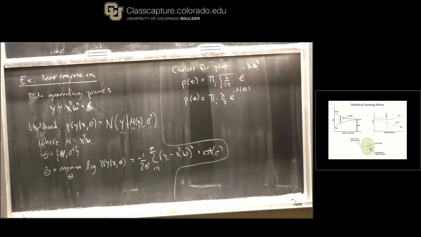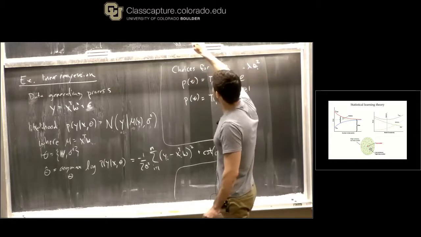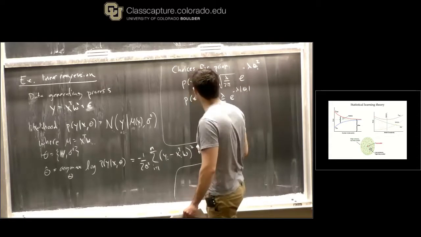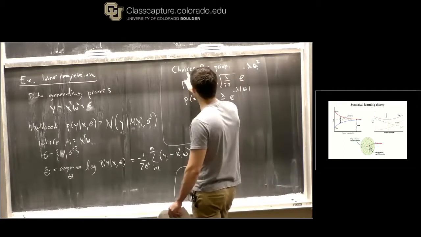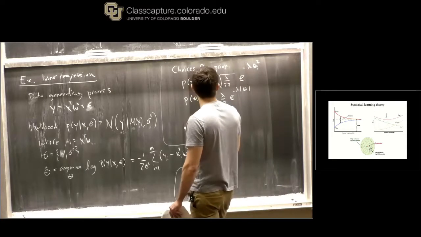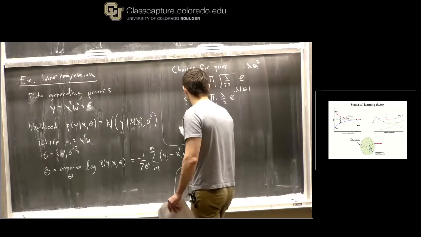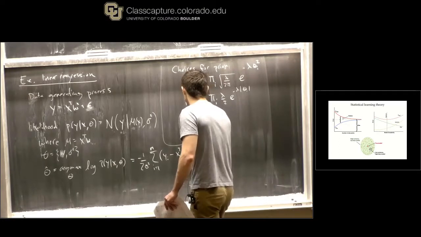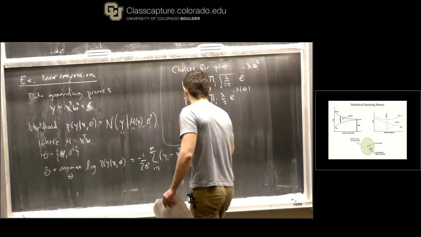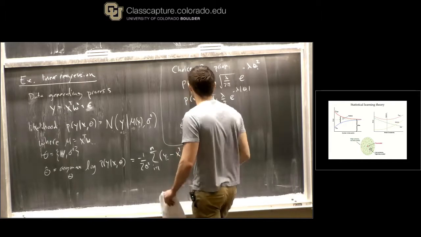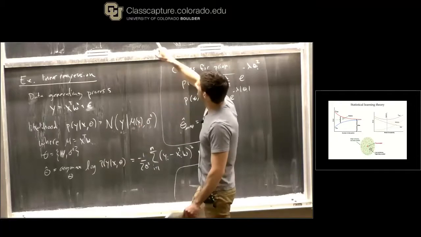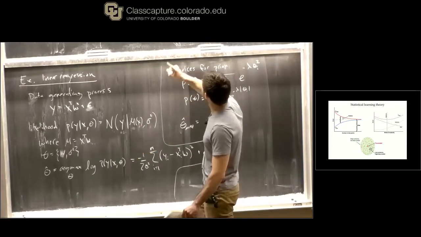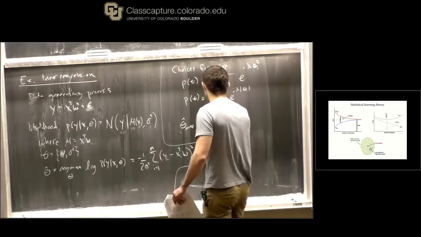So if you do that, and then you look at the MAP estimate, I'll write it down, say for this one, then what we want to do, again, is the argmax of the log, but not of this quantity, instead of this quantity.